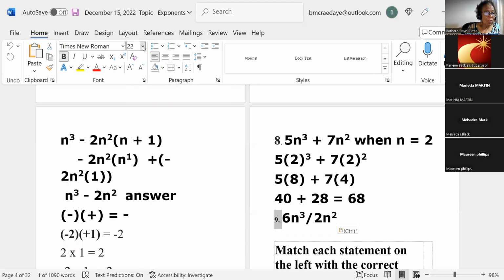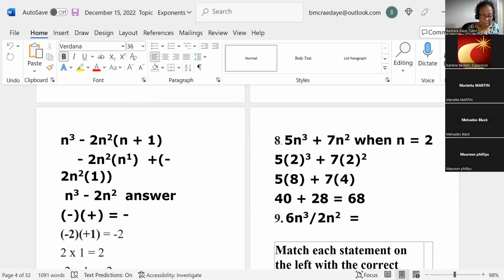That's number 9. So 6 over 2 is 3. And N to the third, 3 minus 2 is 1. So that would be equal to, what's the answer, Maureen? It would be 3N.